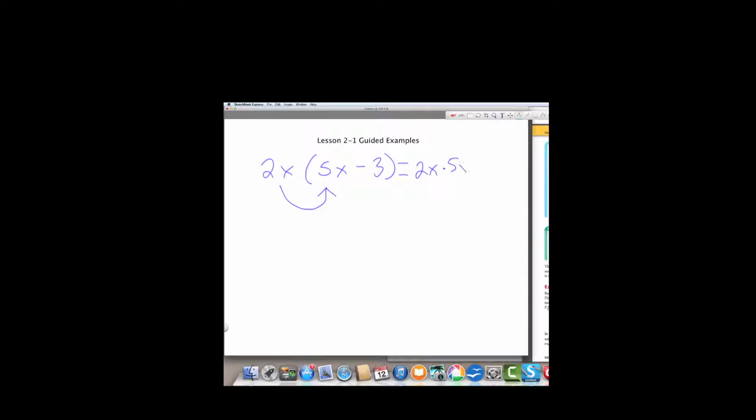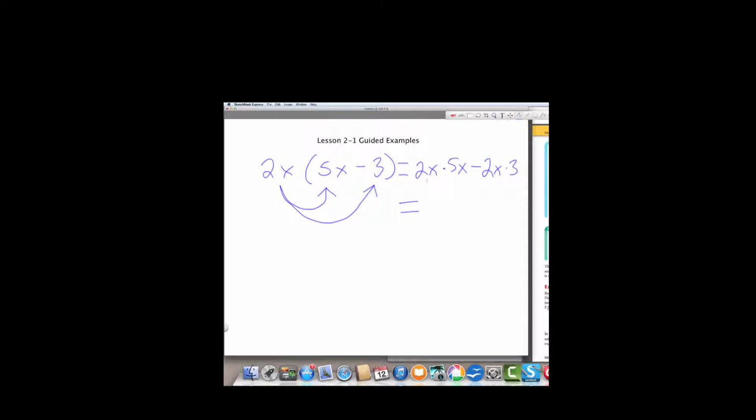So 2x times 5x, and that's going to be minus the second thing it gets distributed to, which is 2x times 3. I'm going to line up my equal signs.